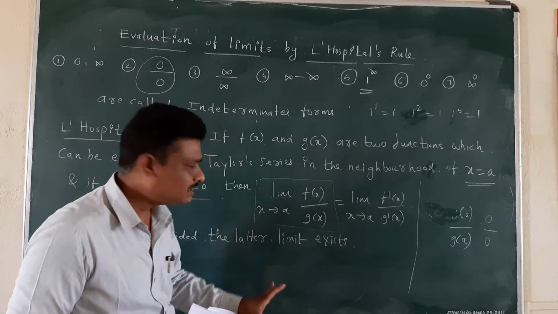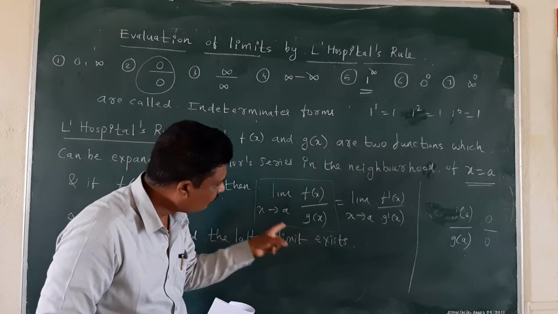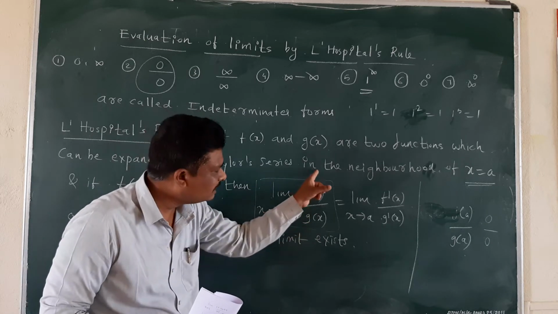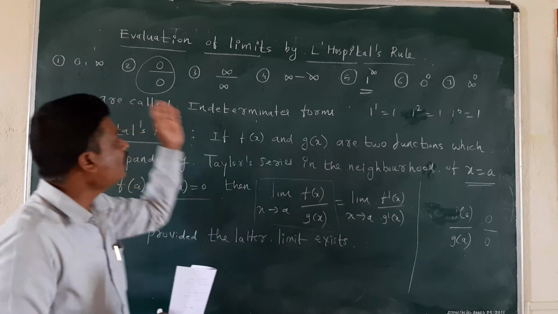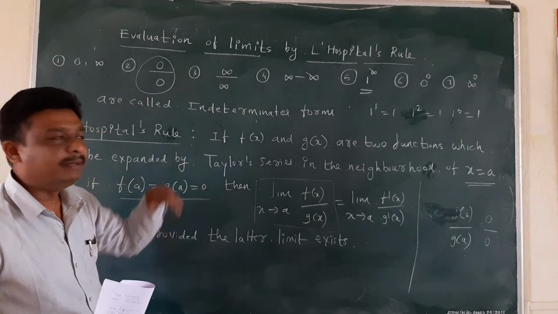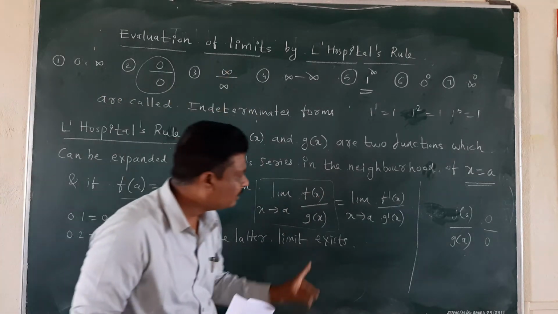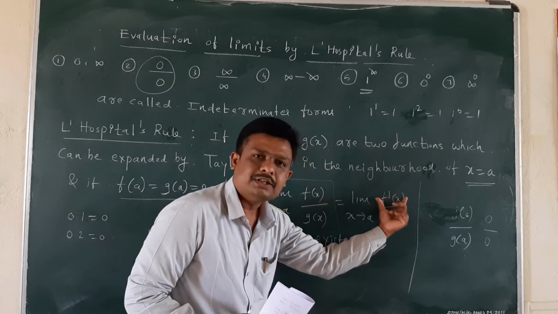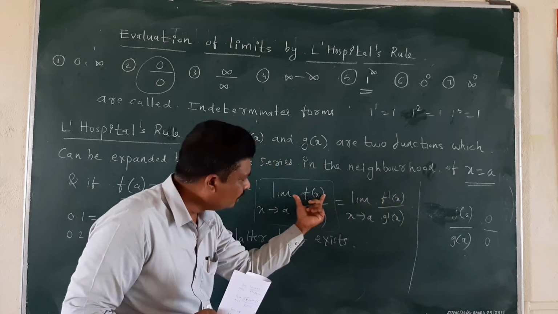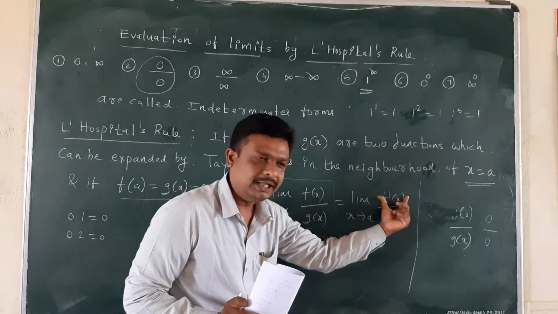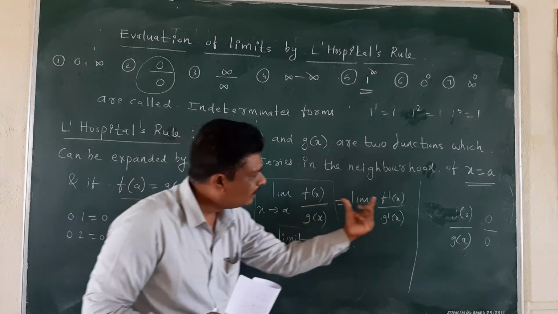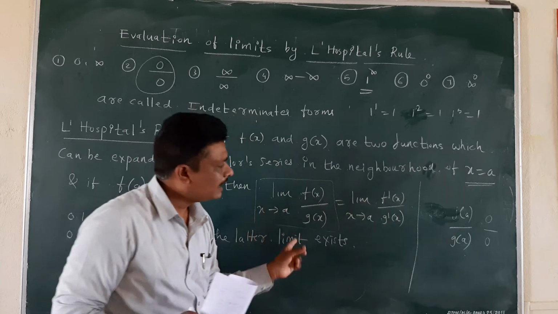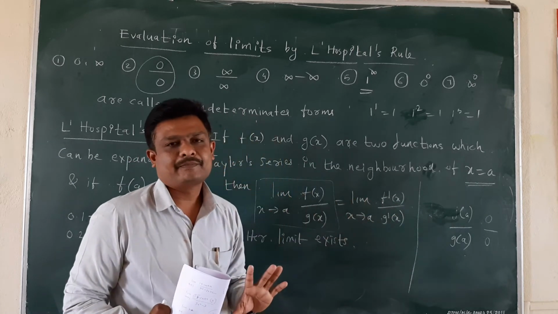The rule is like this: if the limit of the given function is in the form of 0 by 0 or any remaining indeterminate form, then we have to differentiate the numerator separately and differentiate the denominator separately. Again we put the limit.